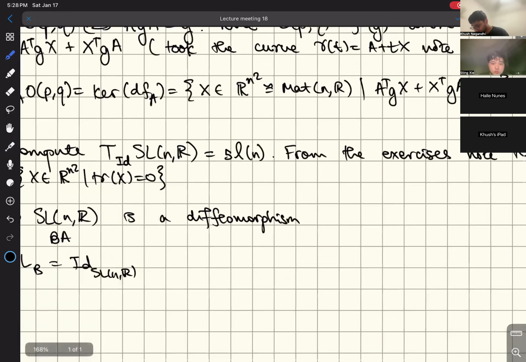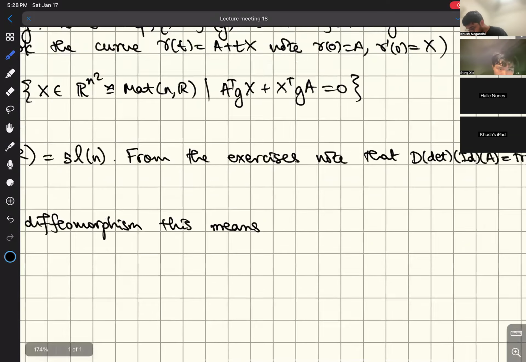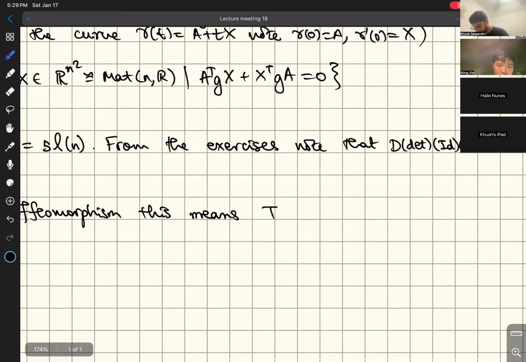This means the tangent space at B of SLNR may be thought of as the image of DL_B of the tangent space at identity.